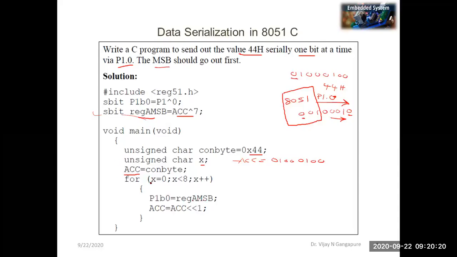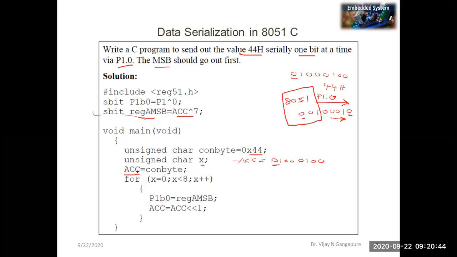Now what is regAMSB? It is bit number 7 of the accumulator. What is bit number 7 of the accumulator? This is bit number 7, that is 0. So that I am assigning to port 1 pin number 0. Means ultimately first I am outputting bit number 7 of the accumulator.